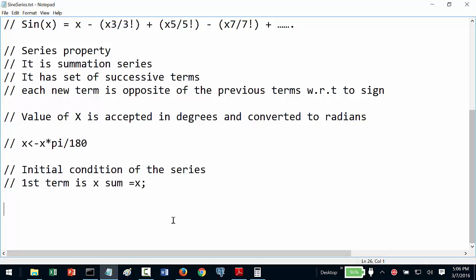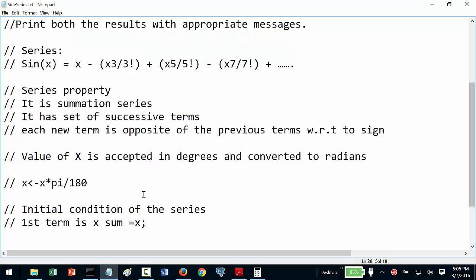Our initial sum was x. Our term will also be x, because we only have one term. In our second term, first I will multiply the previous term, whatever its value, by minus 1.